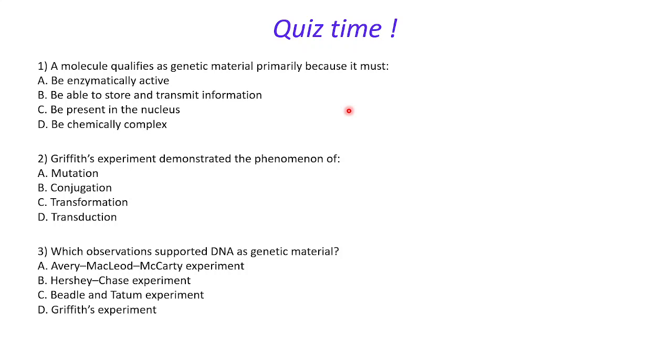Okay. So be able to store and transmit the information. Yes, that's the correct answer, option B. Question number two says Griffith's experiment demonstrated the phenomenon of mutation, conjugation, transformation, or transduction.